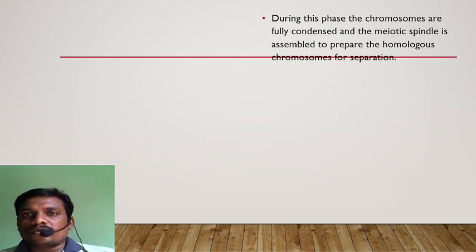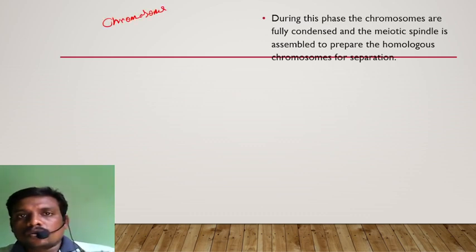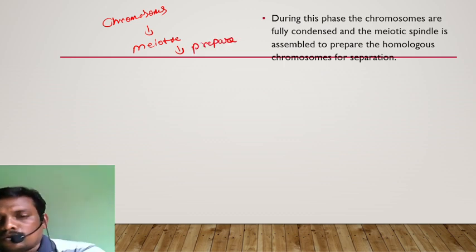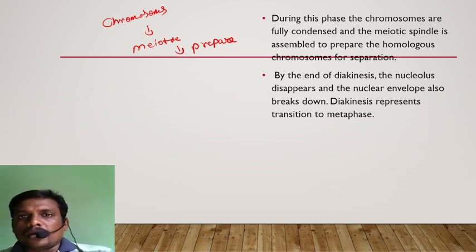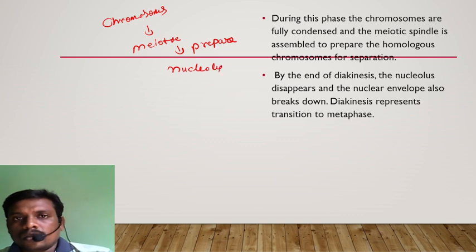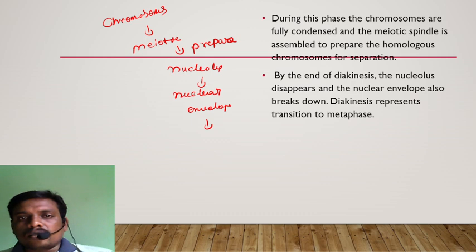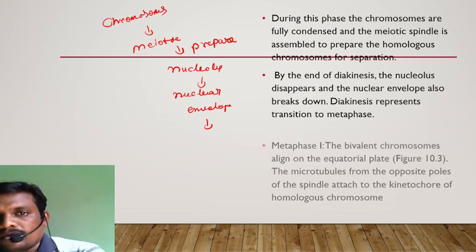Finally, during this phase, the chromosomes are fully condensed and the meiotic spindle is assembled to prepare homologous chromosomes for separation. By the end of the Diakinesis, the nucleolus disappears and the nuclear envelope also breaks down. Diakinesis represents transition to metaphase.